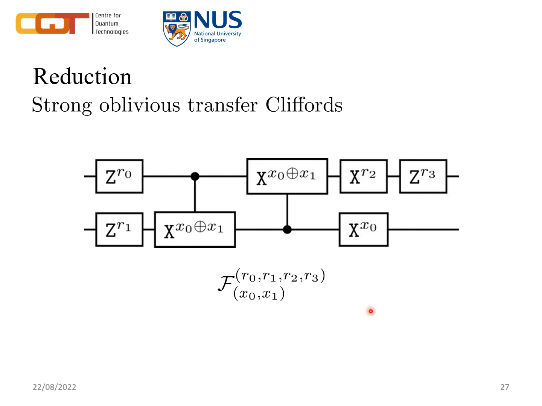We call these Cliffords the strong oblivious transfer Cliffords, denoted by F_{x0,x1}, R0, R1, R2, R3. Quantum homomorphic encryption that allows strong oblivious transfer channels can be reduced to quantum homomorphic encryption that allows only strong oblivious transfer Cliffords.